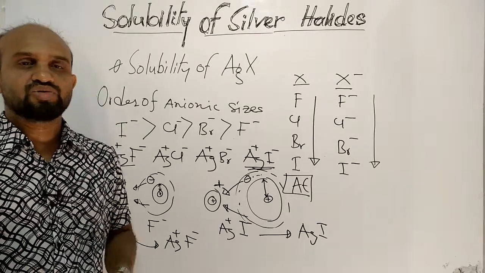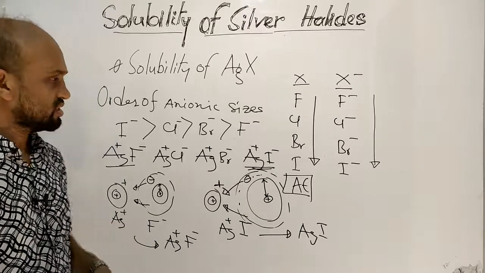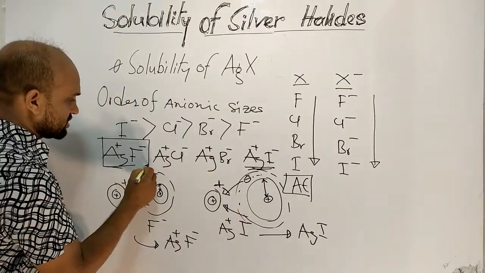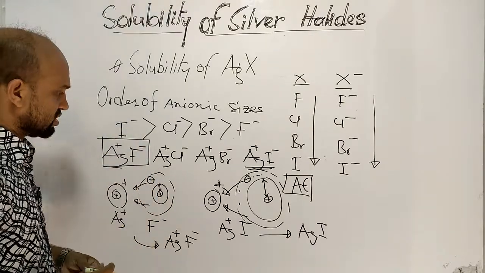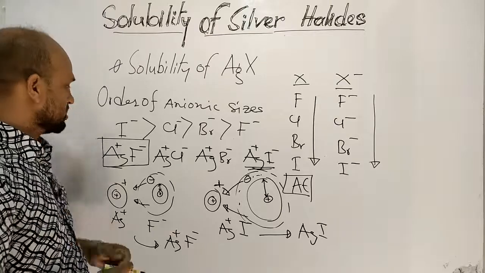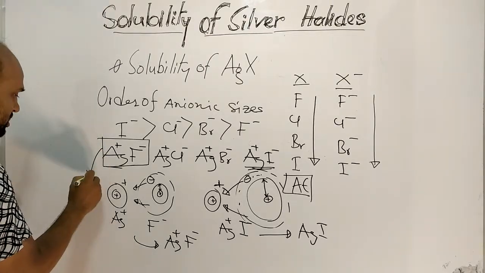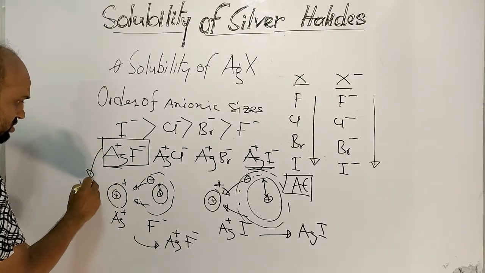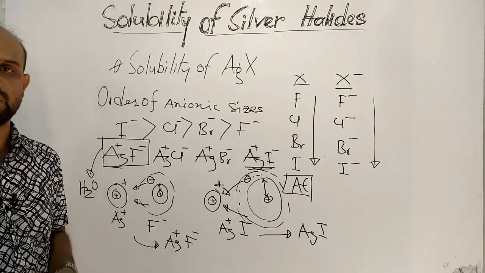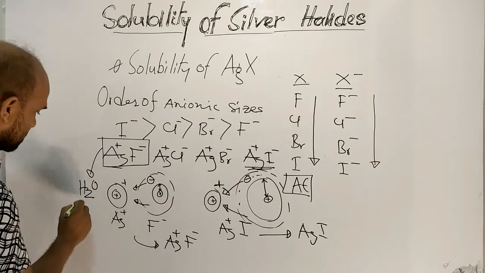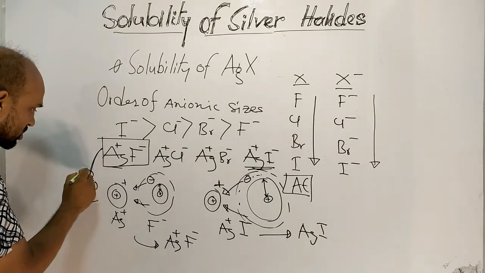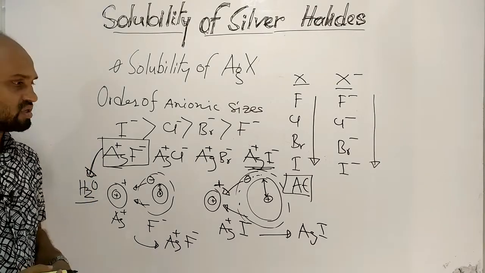Now, according to like dissolves like, silver fluoride, which is ionic in nature, is dissolved in water. This is ionic compound, that means it acts as polar molecule, and water is polar compound. So it dissolves in water.